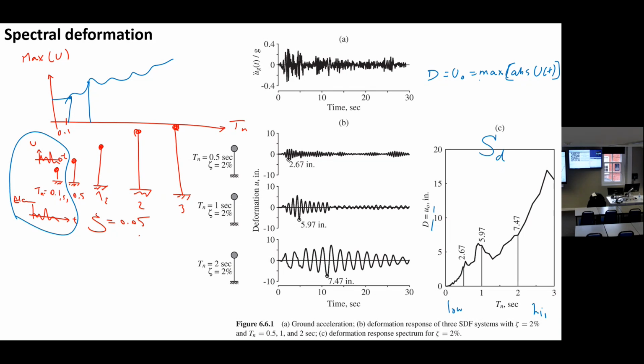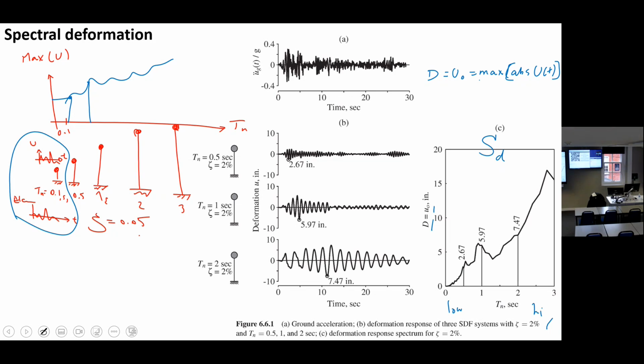A 20-story building has a natural period of 2 seconds. So here we are talking about low-rise structures, small ones, short ones. Here we're talking about high-rise structures, tall ones. As you see, when you go from low-rise to high-rise, the deformation is increasing. So the maximum deformation is increasing.